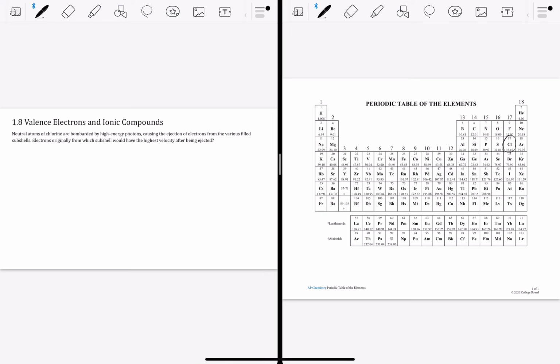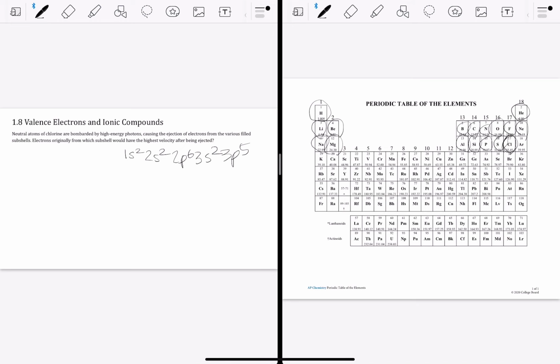In writing the electron configuration of chlorine, it's going to be 1s2, 2 electrons in the s orbital of the first period, and 2s2, 2 electrons in the s orbital, 2p6, 6 electrons in the p subshell of period 2, and 3s2, 2 electrons in the s orbital in period 3, and it's going to be 3p5 because chlorine is the fifth one, 1, 2, 3, 4, 5 of orbital p of period 3.